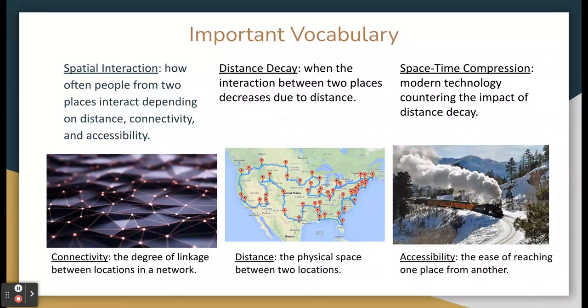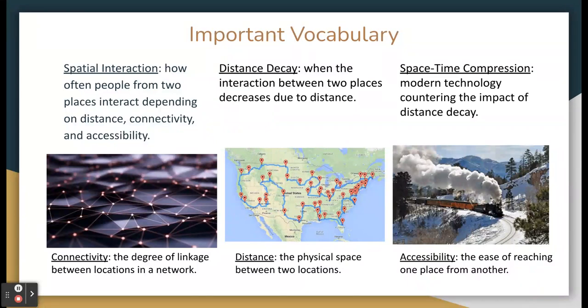Spatial interaction is how often people from two places interact depending on distance, connectivity, and accessibility. Distance decay and space-time compression are two factors that factor in to spatial interaction.